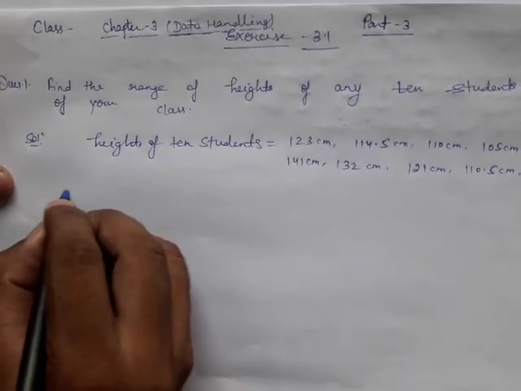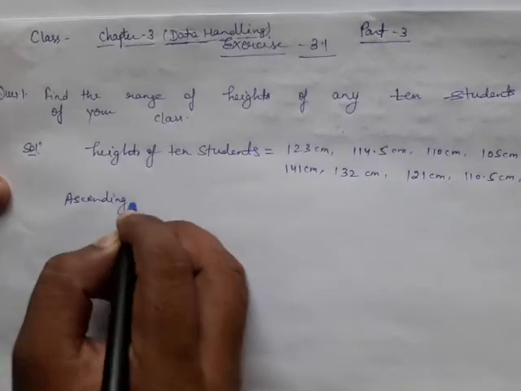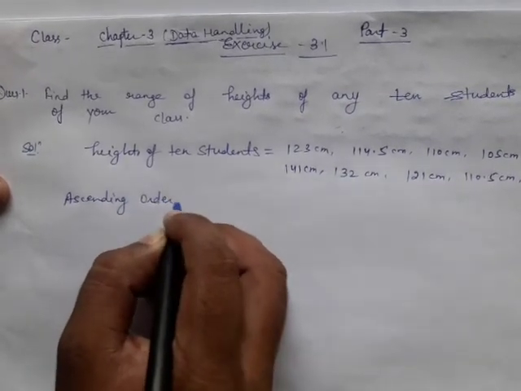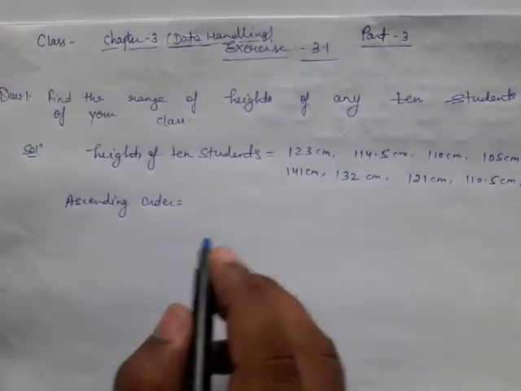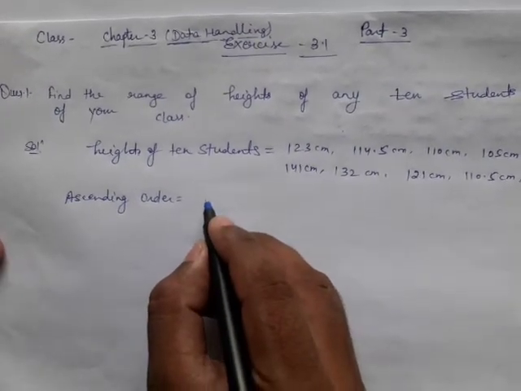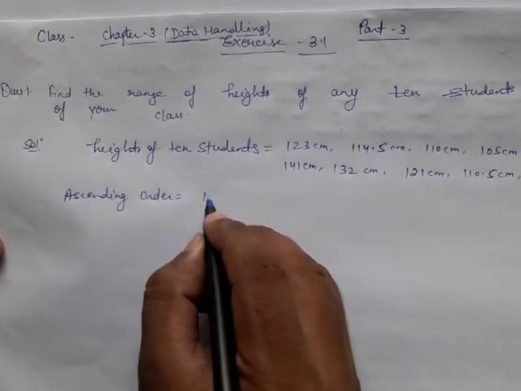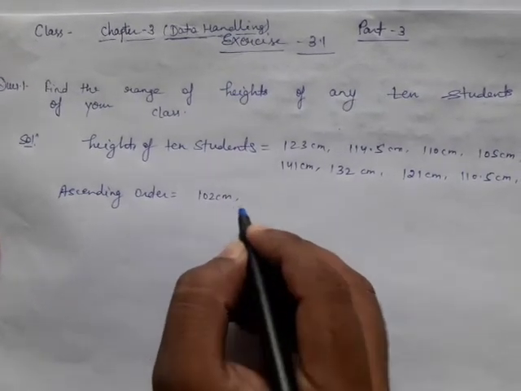Ascending order means smallest to greatest. Which number is very small? 102 centimeter.